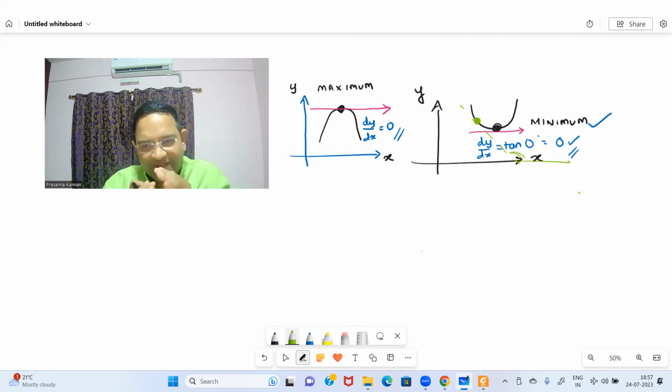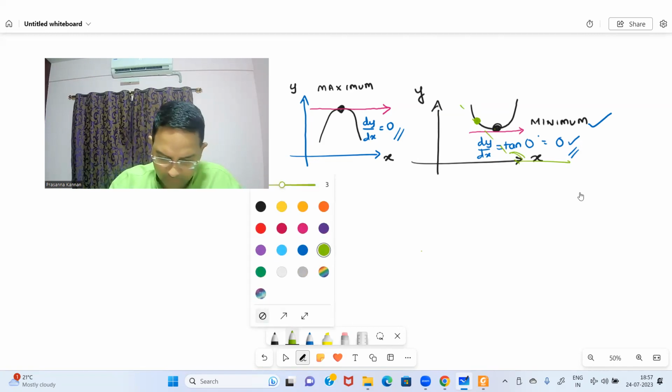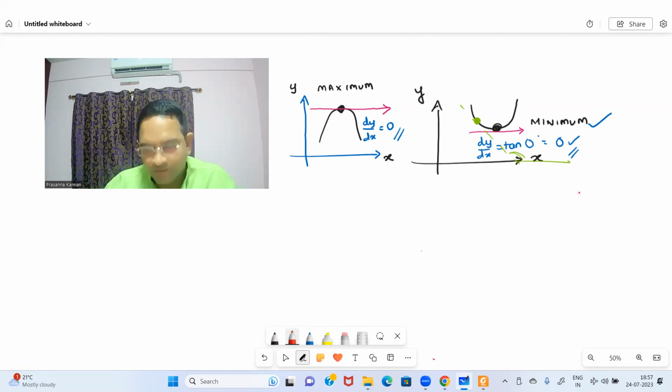Obtuse angle. So tan of that angle will be negative. Now, beyond this point, what will dy by dx be? Positive. Excellent. Because if I draw a tangent at that point, it will make an acute angle and tan theta will be positive.